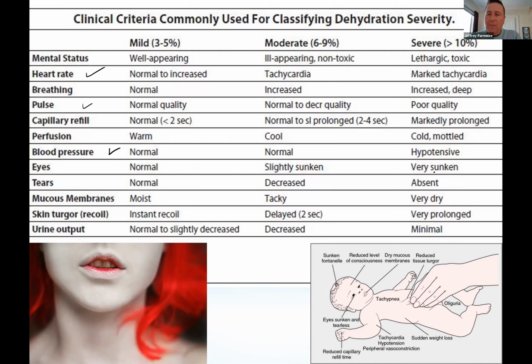Your eyes can become sunken. You don't make tears. Your mouth dries up, and then your skin won't snap back. The skin is very thin and delicate around your eyes, and if you're dehydrated, it darkens and shows real easily. And of course, urine output. If you're not making urine, it means you could be severely dehydrated.